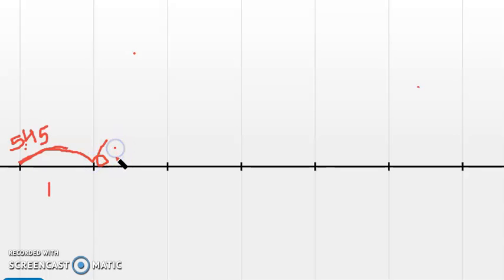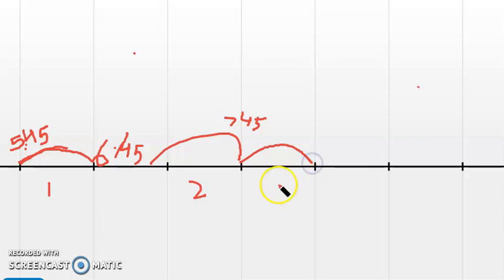6:45. And then if I add 1 more hour, it will be 7:45. Now 2 hours I write here, and then from 7:45, 3 hours, it will be 8:45.